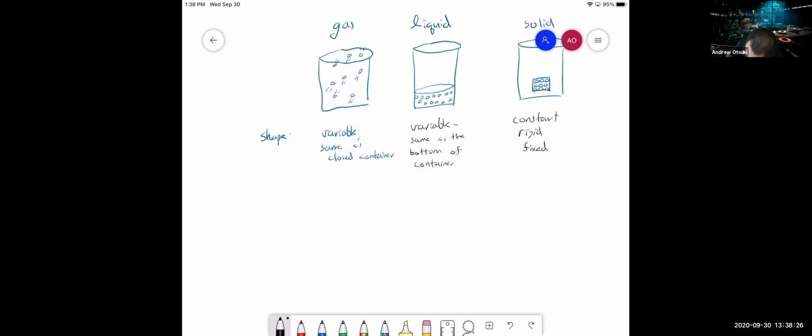Okay, so let's talk about volume next. The volume of a gas is variable, right? Depending on what vessel you use, it can be the same as a closed container, or it can be variable as when you open the container it will just fly away, right?